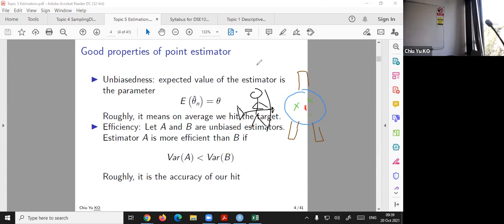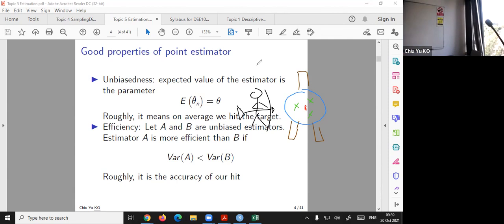So this is an unbiased archer. He's not hitting it every time, but on average he is. Whether this is good or not, this is the basic one. This is the first property, called unbiasedness.